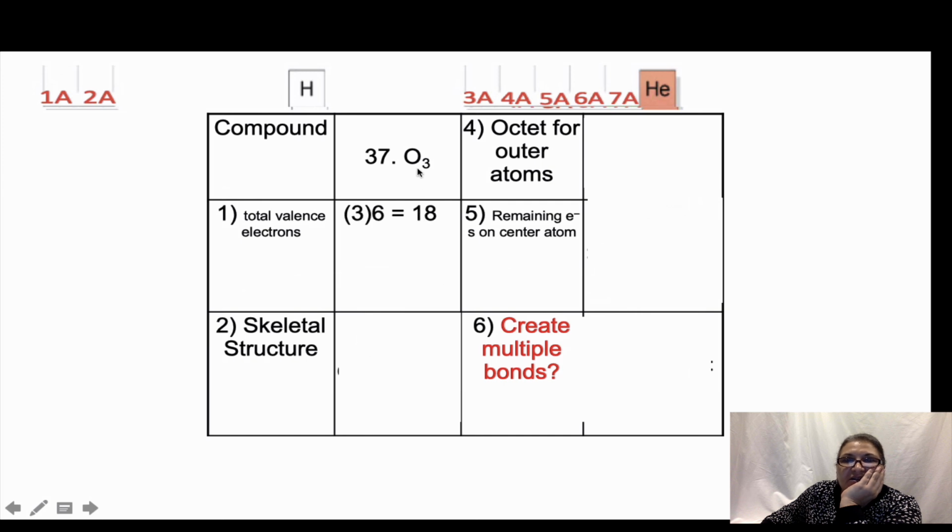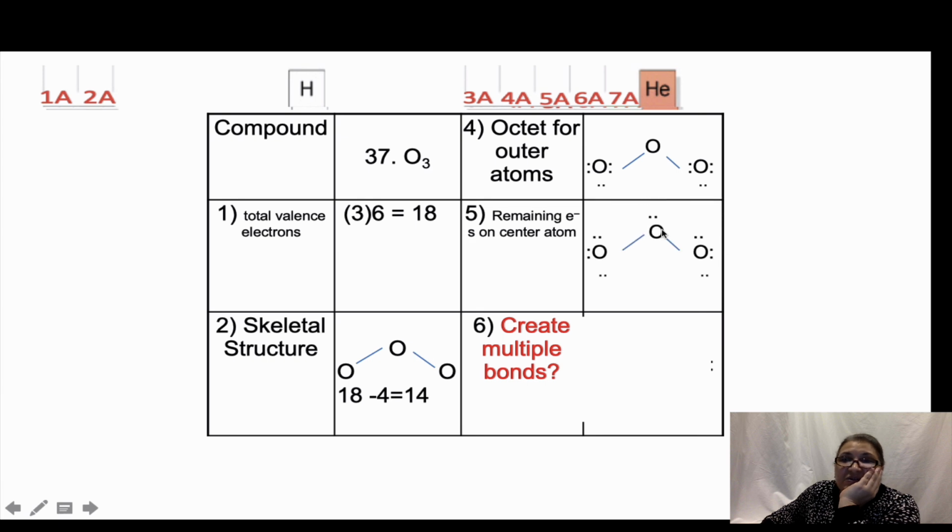3 oxygens, 6A, 3 of them, 18. We connect, so we subtract 4 because we used 4 electrons to connect. We have 14 left. We have 6 here, 6 on this oxygen, so we subtract 12 from 14. We have 2 left. We put it around the central atom.